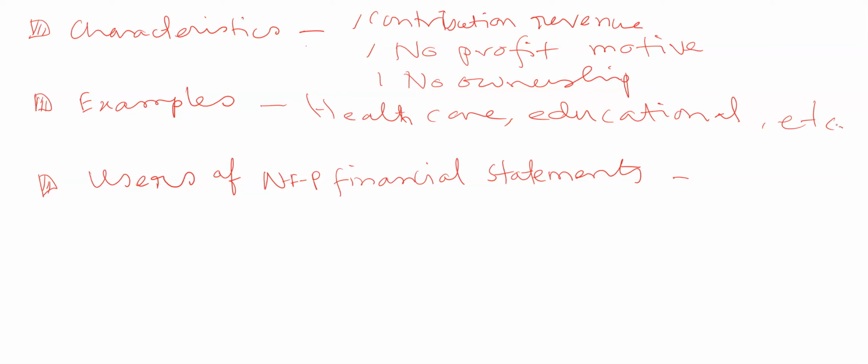So who are the major users of the financial statements? Of course, donors, because donors provided a huge amount of money and they need to know how the funds are efficiently utilized. Or members, the board of members, other community members, creditors, governmental or regulatory organizations.